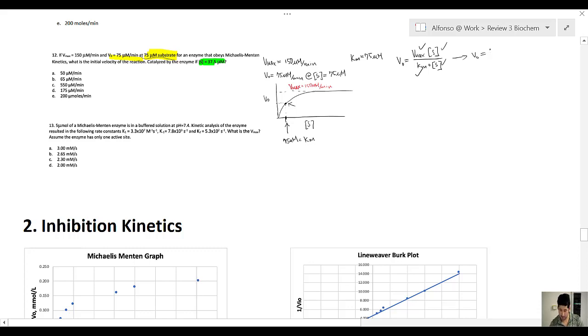That's exactly what I told you at the end of the question, because I made it up. So initial velocity is equal to 150 micromolar per minute times 37.5 micromolar over 75 micromolar plus 37.5 micromolar.